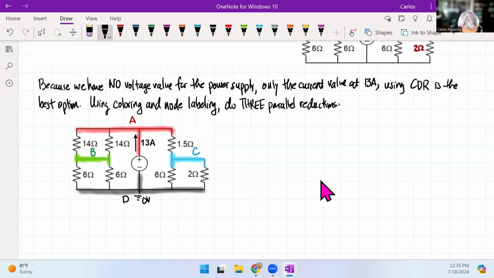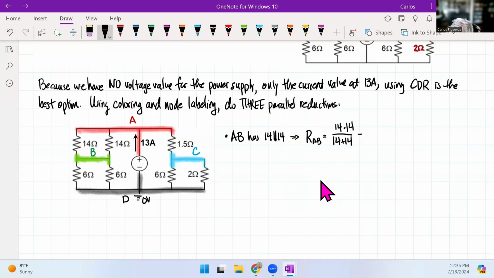And here we go. A and B has two 14 ohm resistors in parallel, which tells us that the resistance between A and B, remember what it is, is the product of the two resistors divided by their sum.